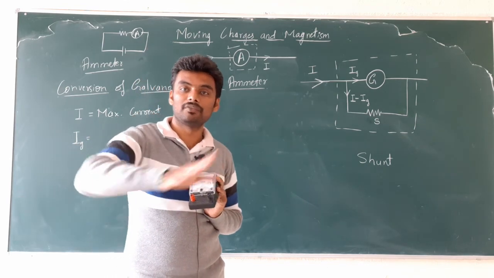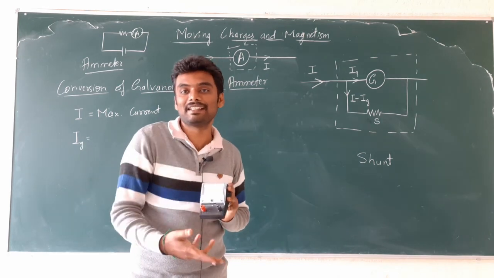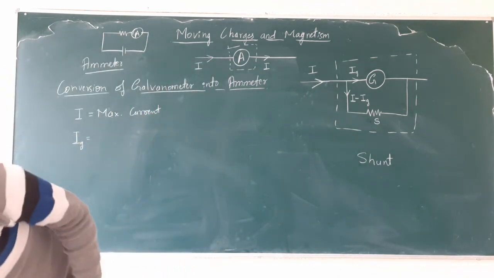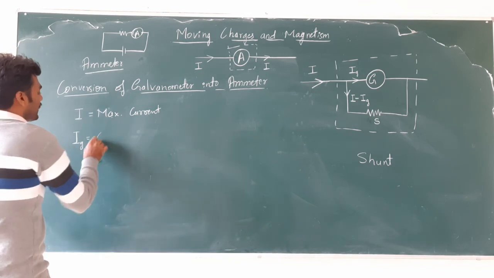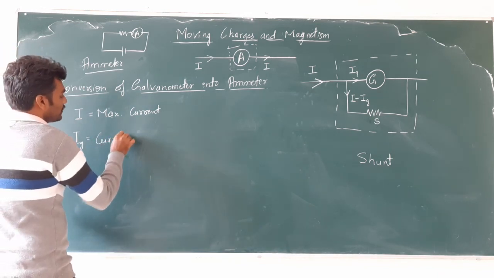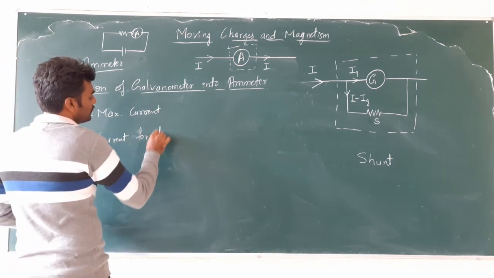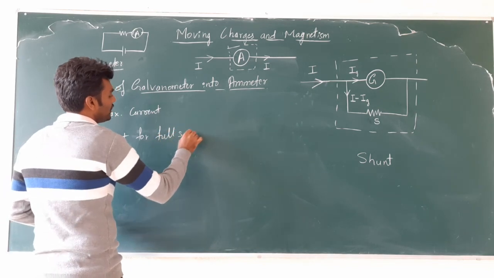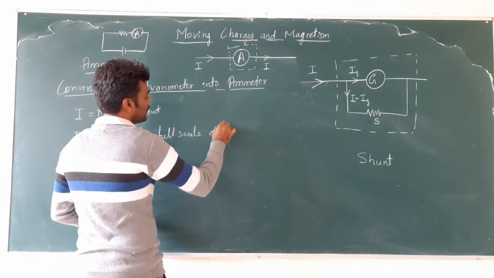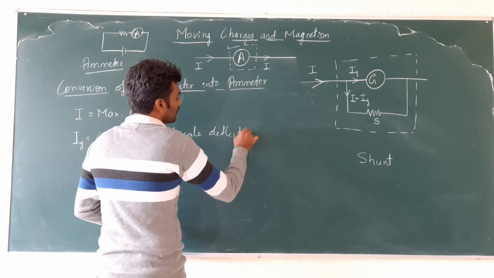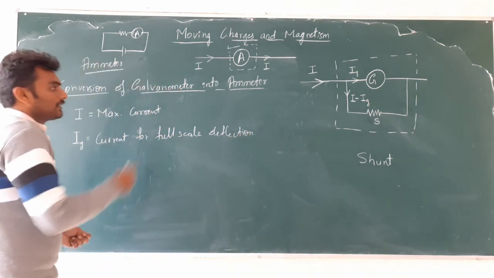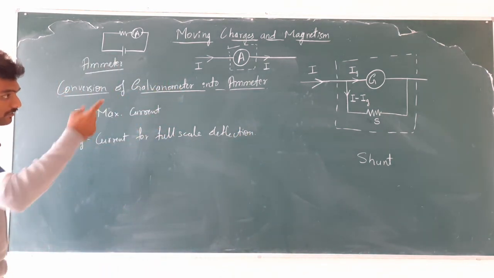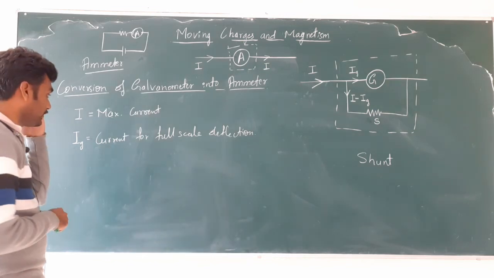After that, it's always exceeding the deflection. So Ig is the current for full scale deflection of galvanometer. Next part of that, I minus Ig will flow through the shunt resistance.